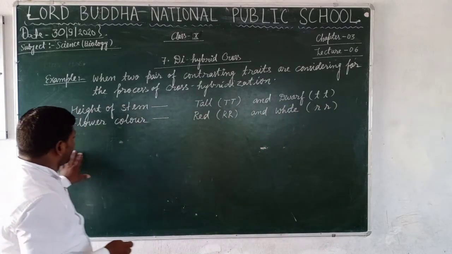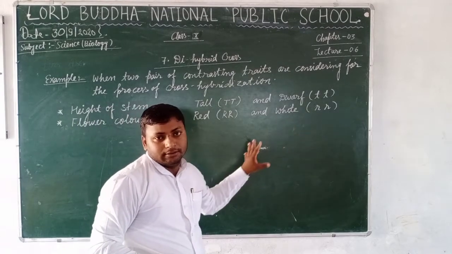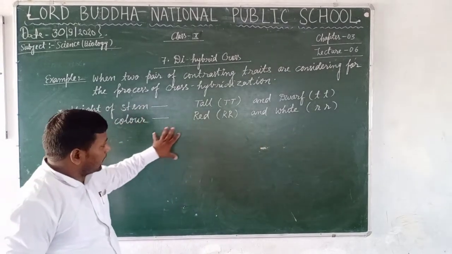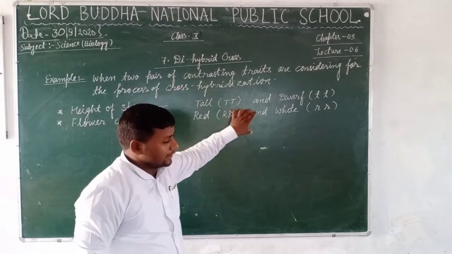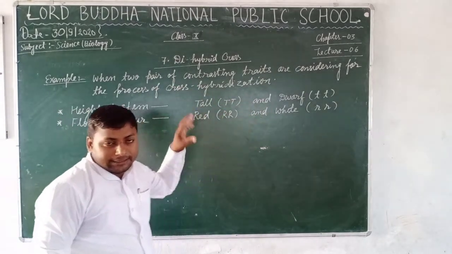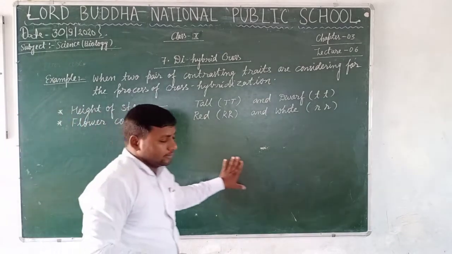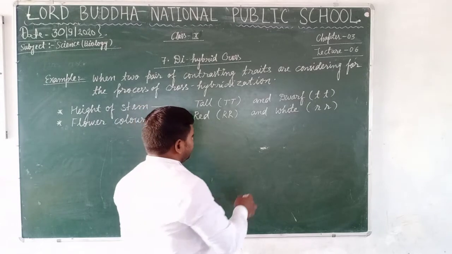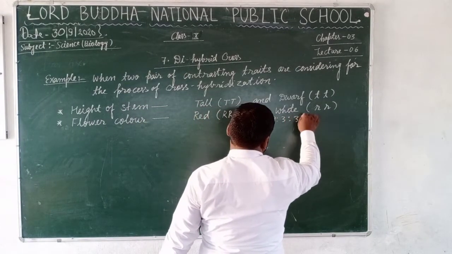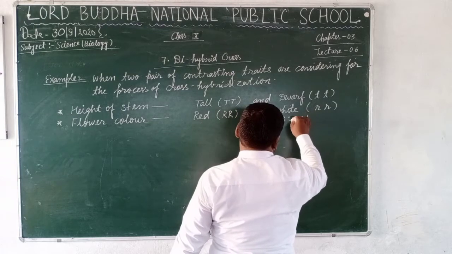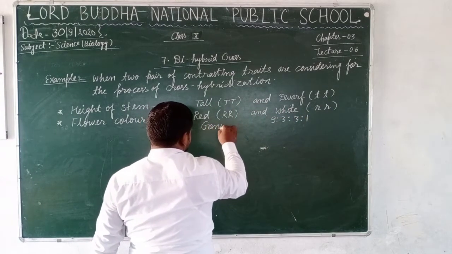So students, when cross hybridization is made between these plants by considering both contrasting pairs of alleles, the individuals are obtained always in a 9:3:3:1 genotypic ratio.